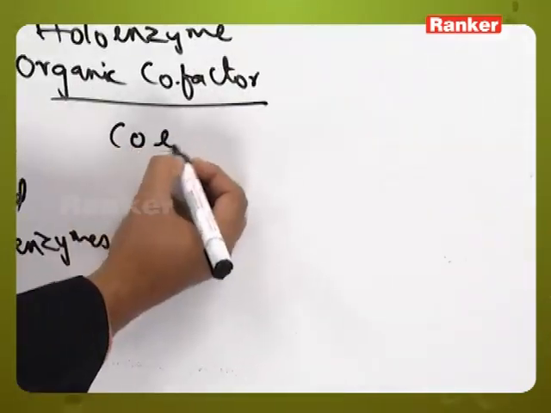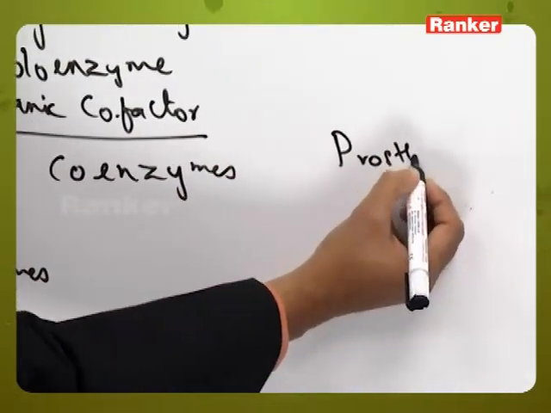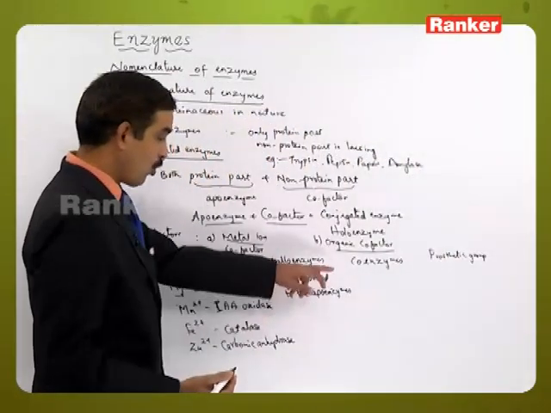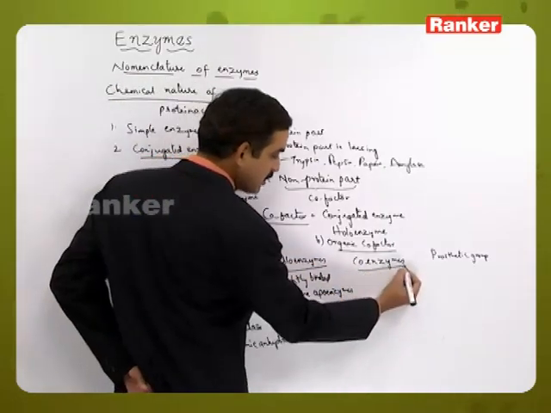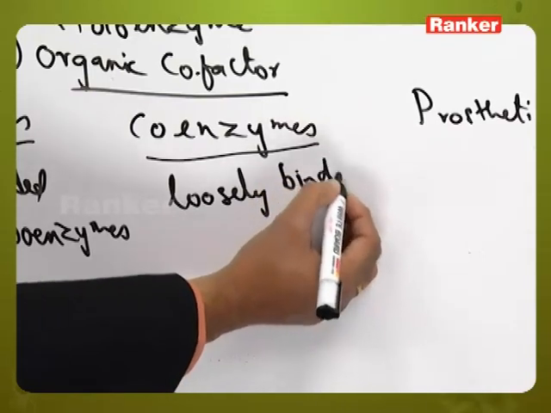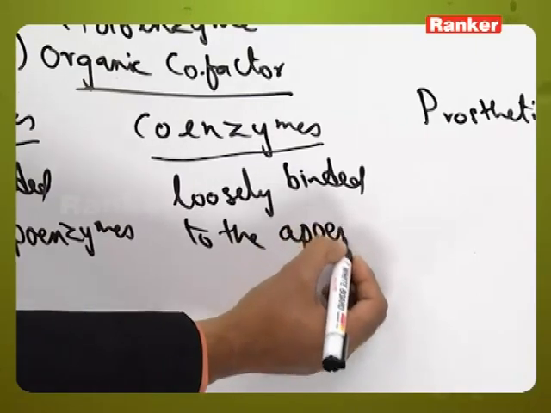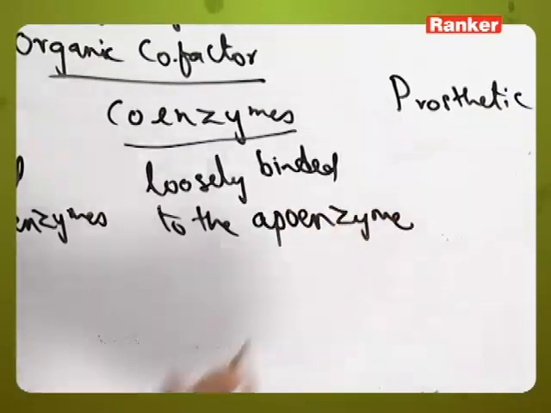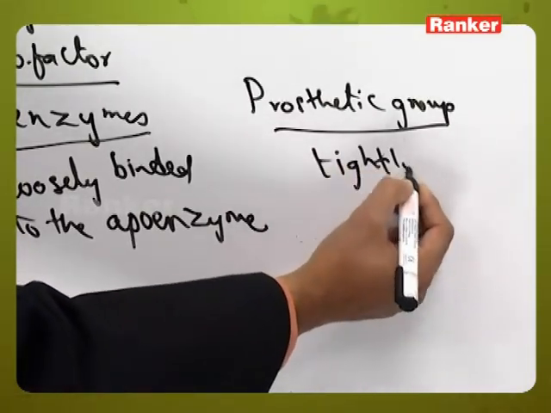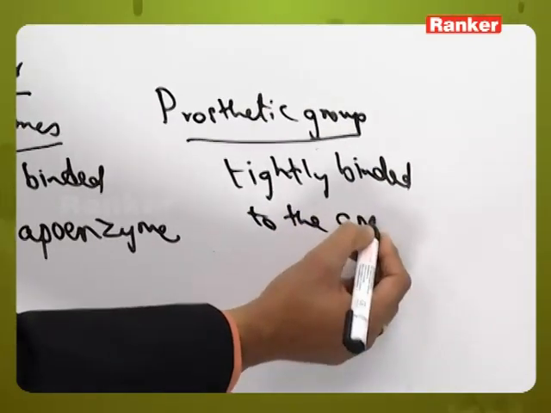Those are called coenzymes and prosthetic groups. Coenzymes are the organic molecules which are loosely bound to the apoenzyme part, whereas a prosthetic group is one which is tightly bound to the apoenzyme part.